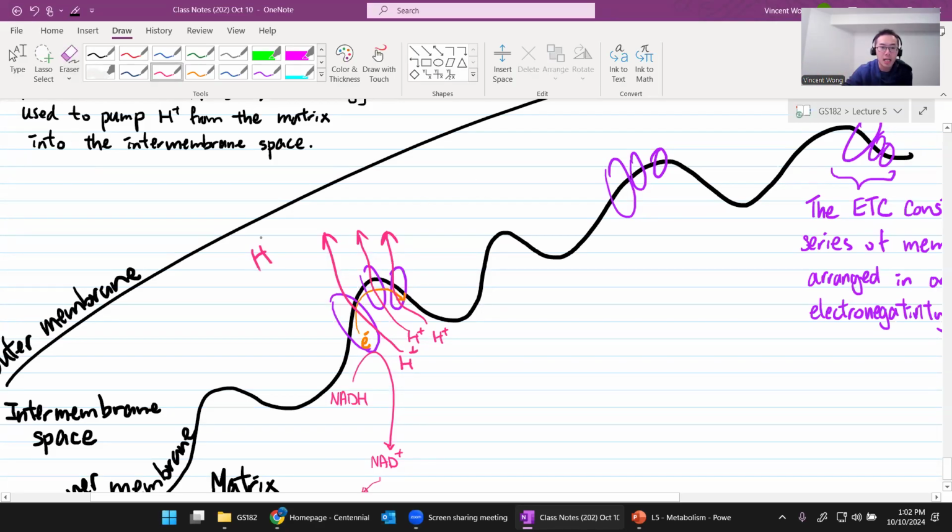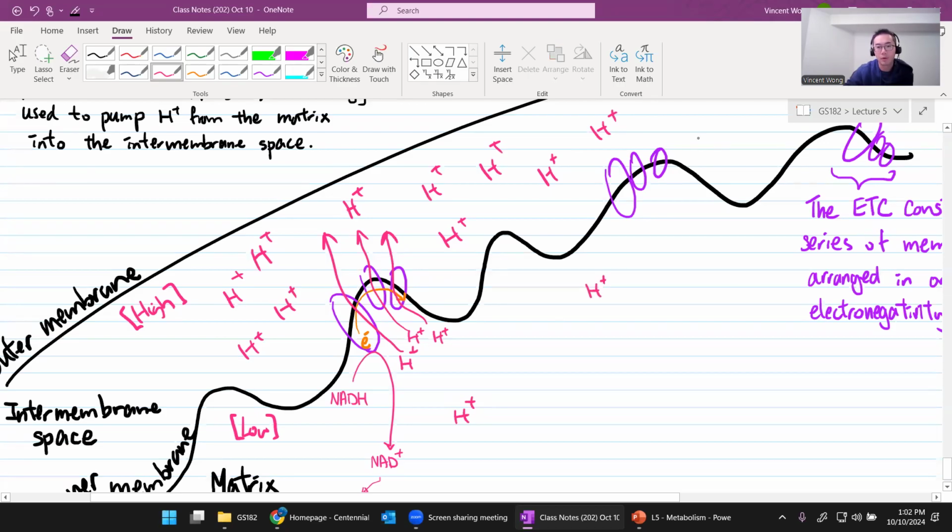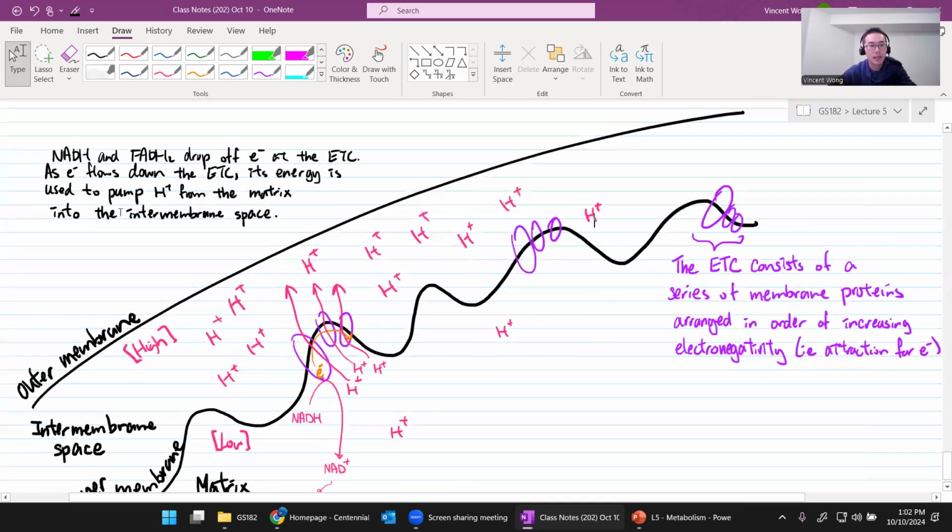So over time, you will have lots and lots of H plus in the intermembrane space. So this is going to be high concentration of H plus, but low concentration here. There will be some H plus, but we pumped a lot over. All right, so that's what it means.